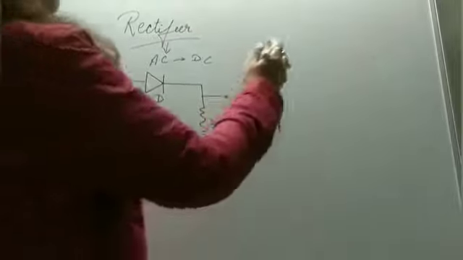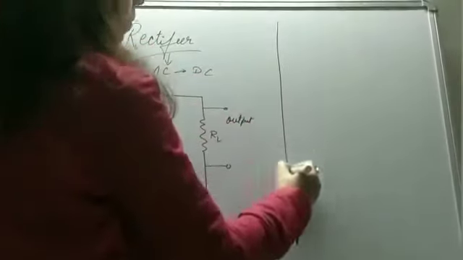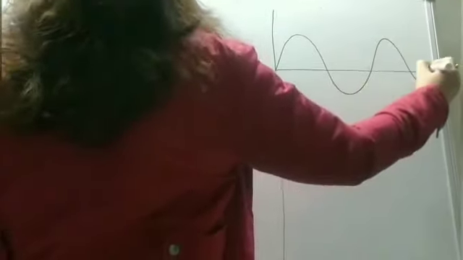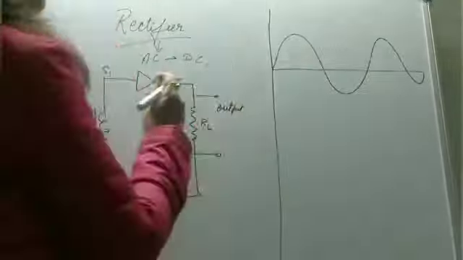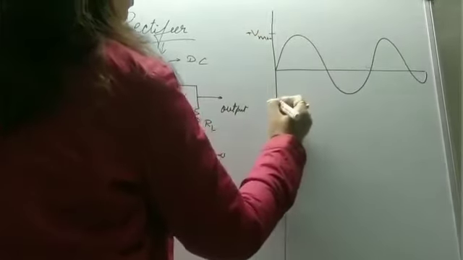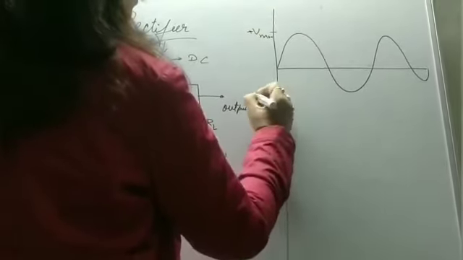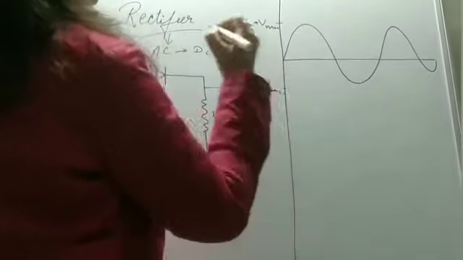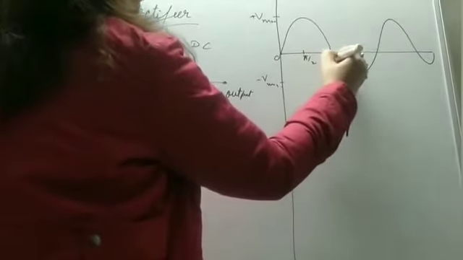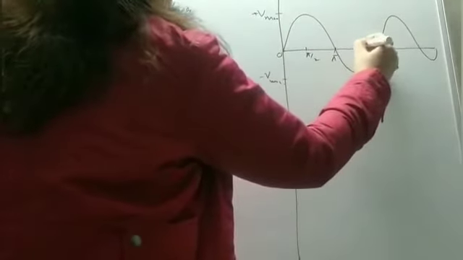So, talking about the waveforms. If this is my alternating current, this is your V maximum in the positive and this is in the negative cycle. 0, pi by 2, pi, 3 pi by 2 and here 2 pi and so on.